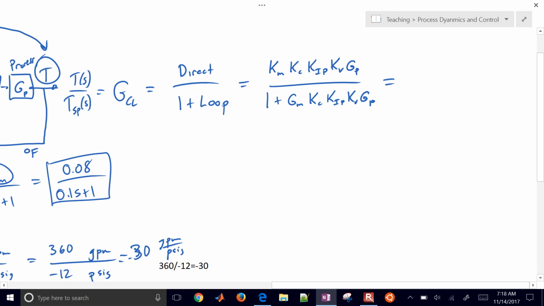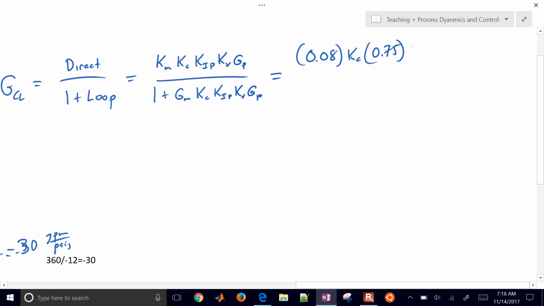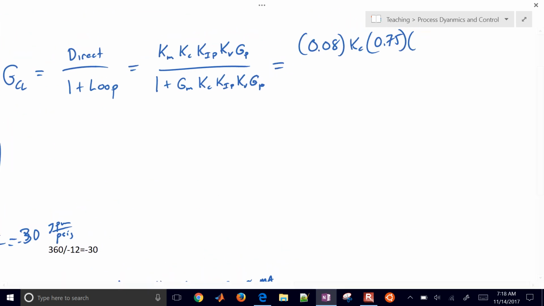Let's see if we can write all those out. We have 0.08. Kc, we're just going to leave that as a variable. And then 0.75. Kv was going to be equal to -30.